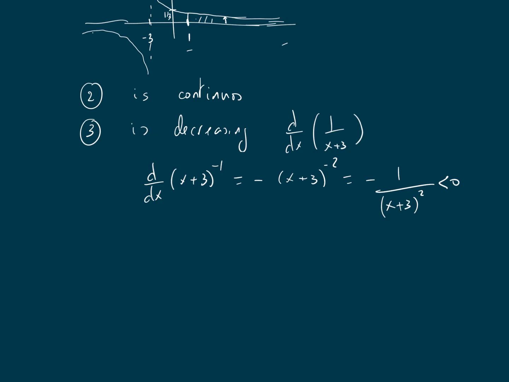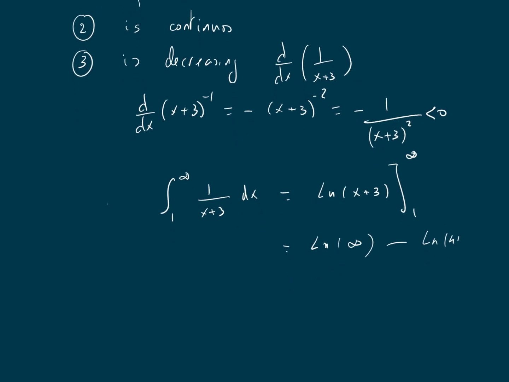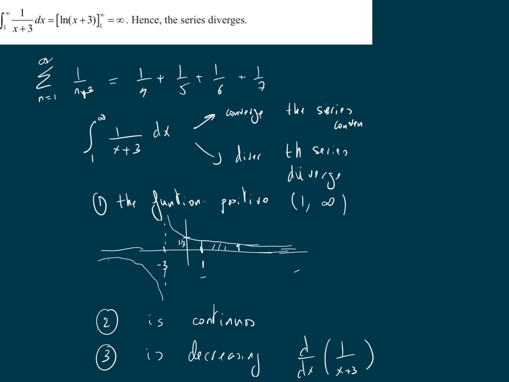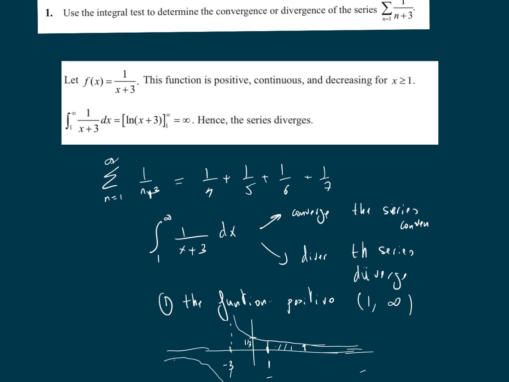The integral from 1 to infinity of 1 divided by x plus 3 dx is the natural log of x plus 3, between 1 and infinity, which is natural log of infinity minus natural log of 4. But natural log of infinity goes to infinity, so the integral diverges. So the series diverges.